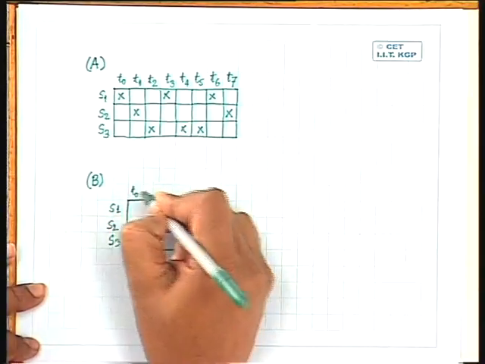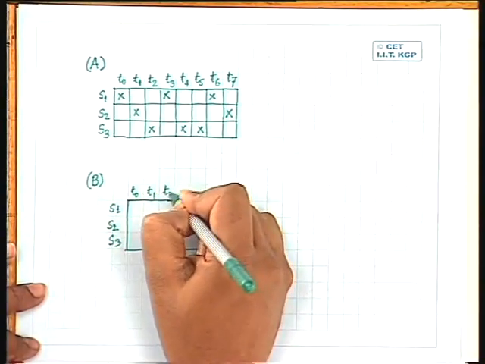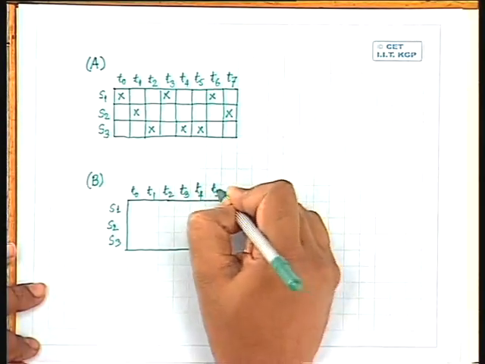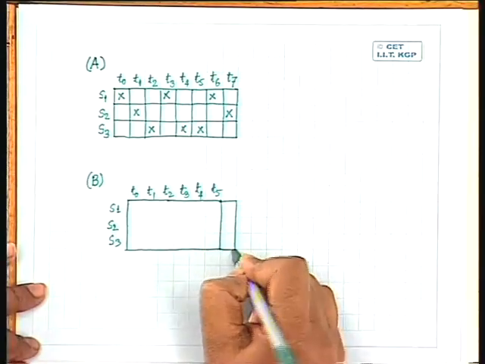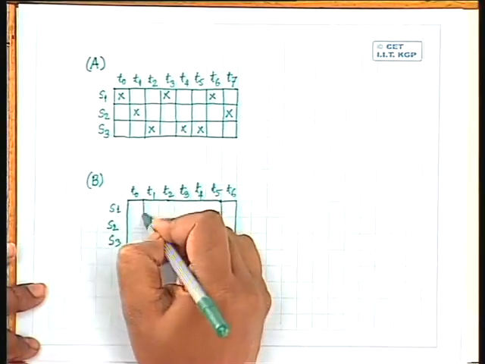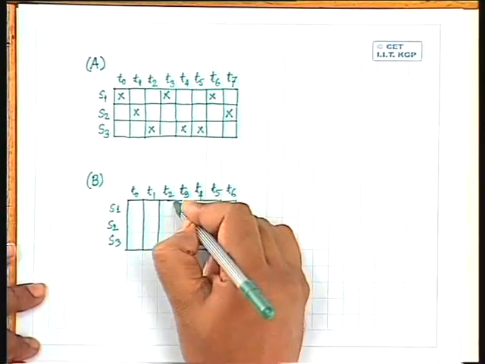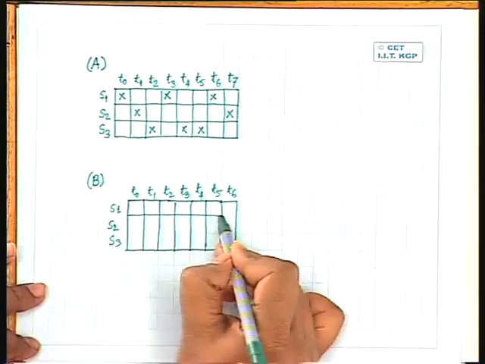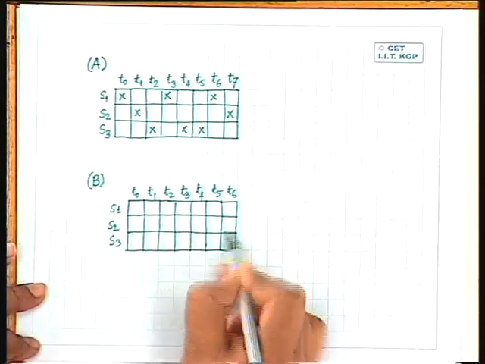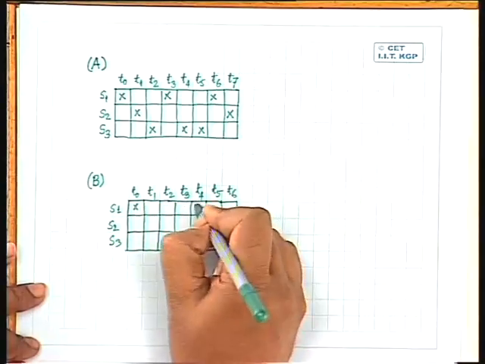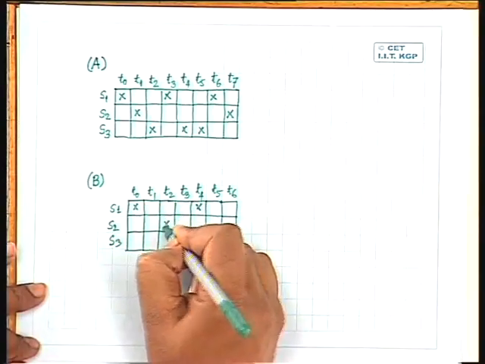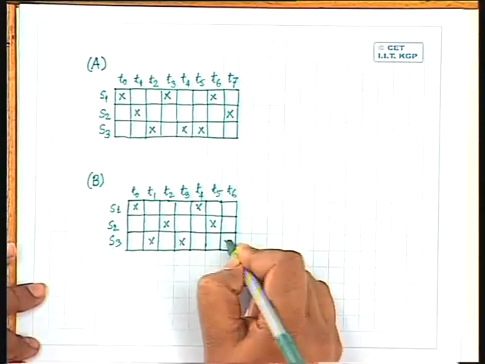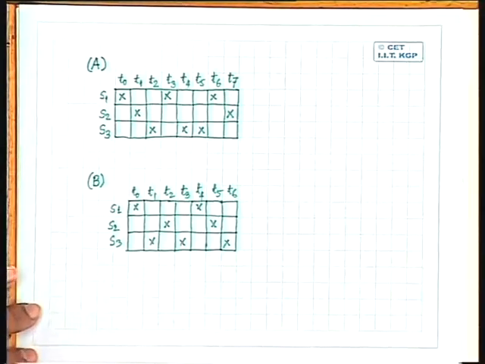I have the time durations T0, T1, T2, T3, T4, T5, let us say T6, so something like this.